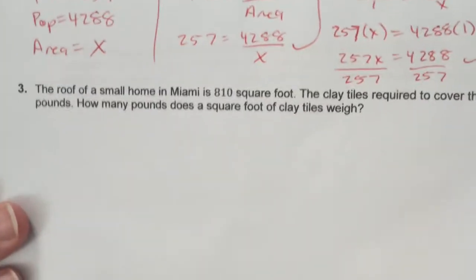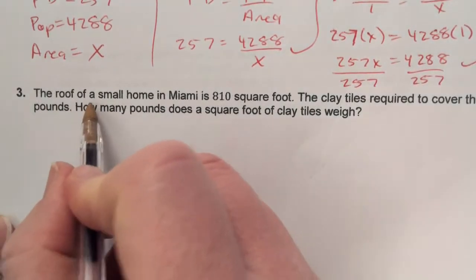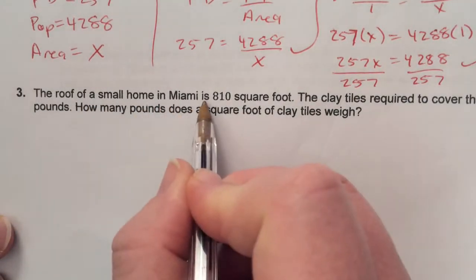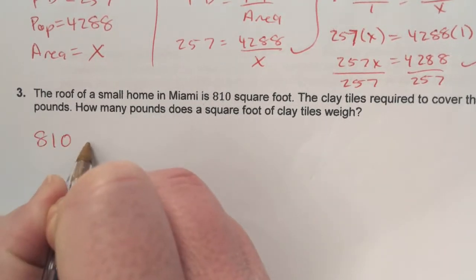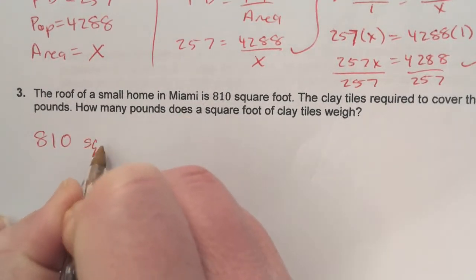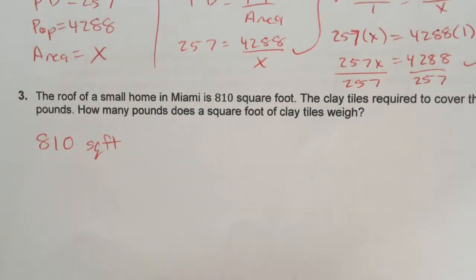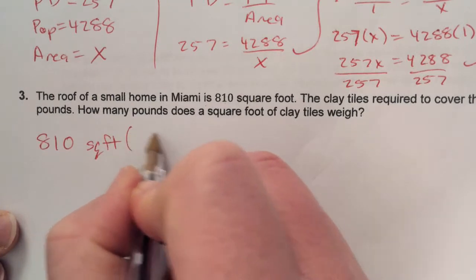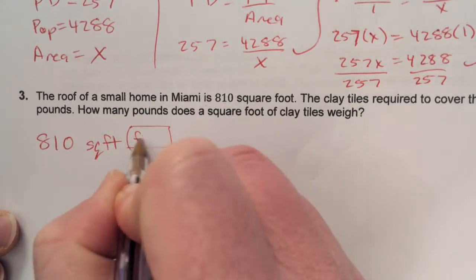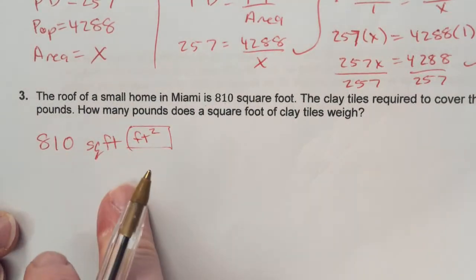All right, number 3. Just rolling right along here. Okay, the roof of a small home in Miami is 810 square feet, which is another way to say feet squared. That means the same thing, okay?